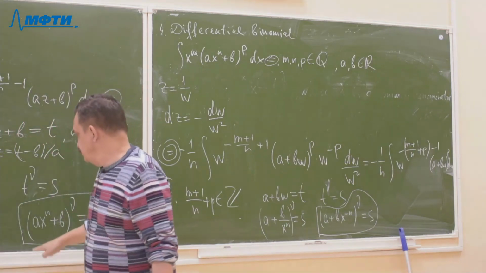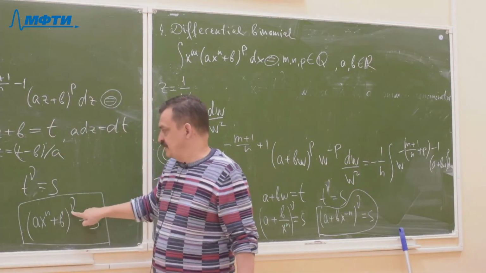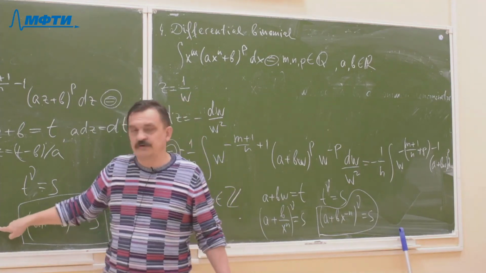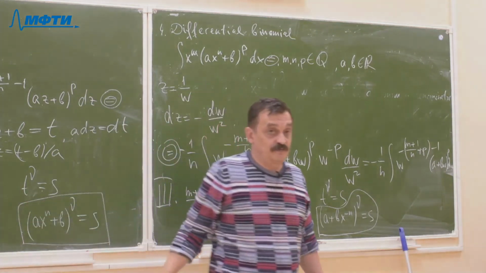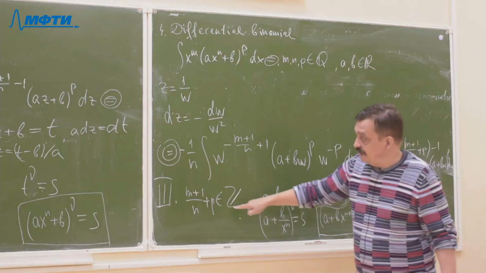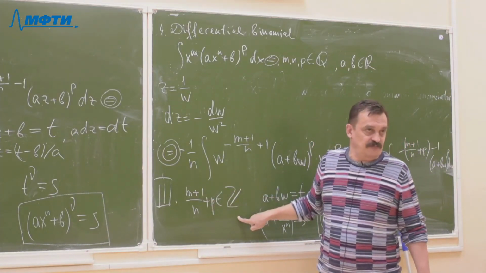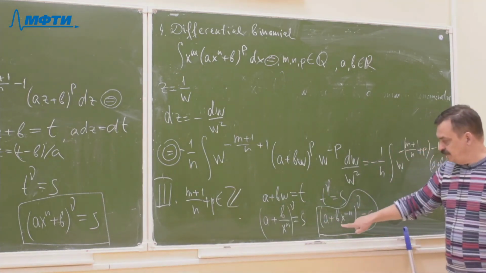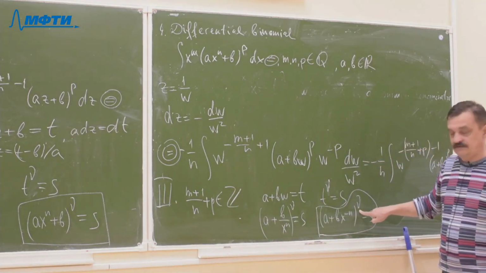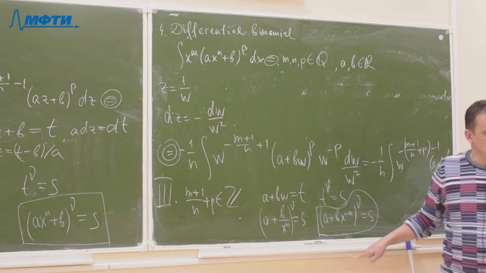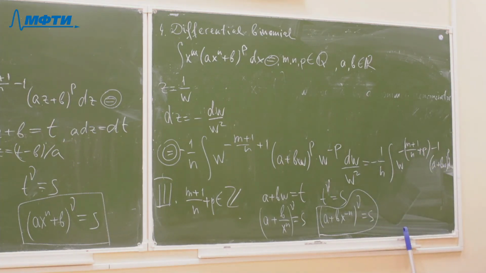Then the substitution is (ax to the power n plus b) to the power nu is s, where nu is the denominator of p. The third case, when m plus 1 over n plus p is an integer. Here the substitution is (a plus bx to the power minus n) to the power nu equals s, where nu is the same as in the second case. And it turns out that there are no more possibilities to find a primitive of this expression.